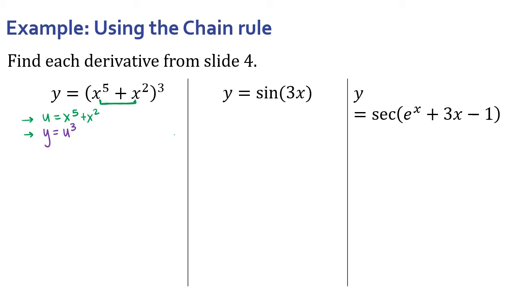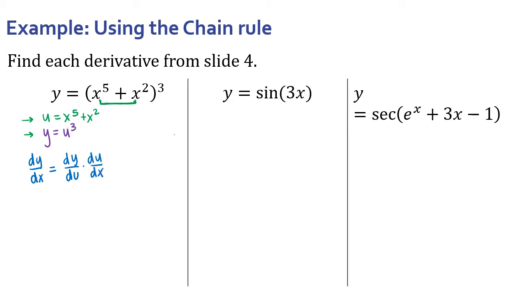so I'll write out, let's find our derivative of u with respect to x. So let's write out the whole thing. We've got the derivative of our whole function equals the derivative of y with respect to u times the derivative of u with respect to x.